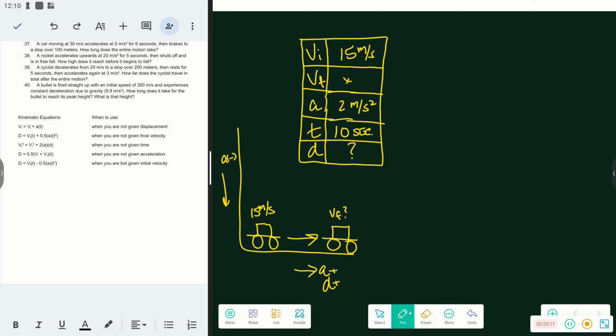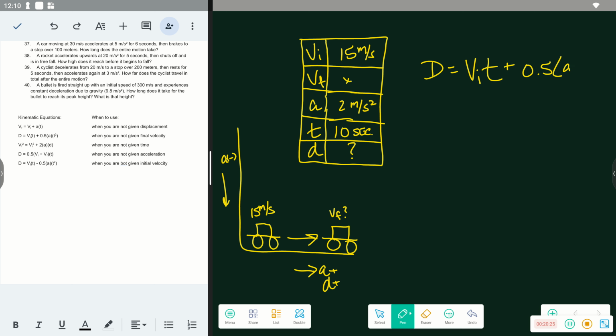So let's look at our kinematics. It's going to be the second one. Displacement, D equals VI T plus one half times A times T squared. We have all those variables: VI, T, and acceleration, so we're good.